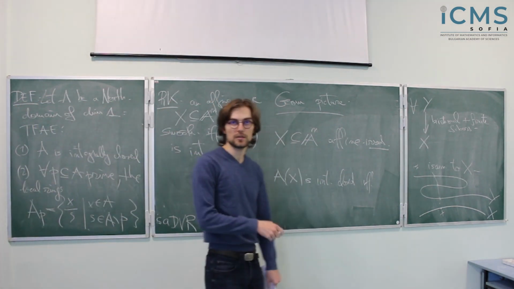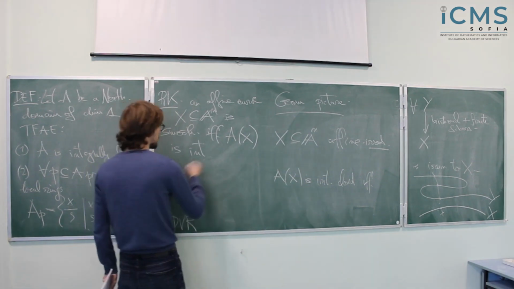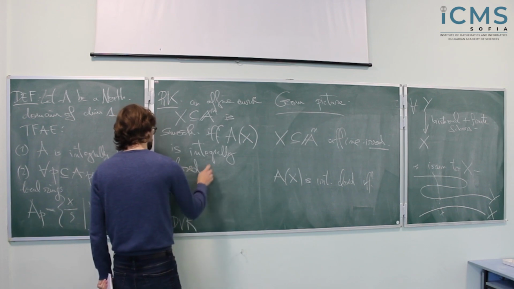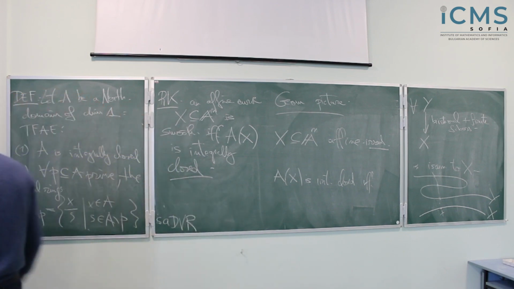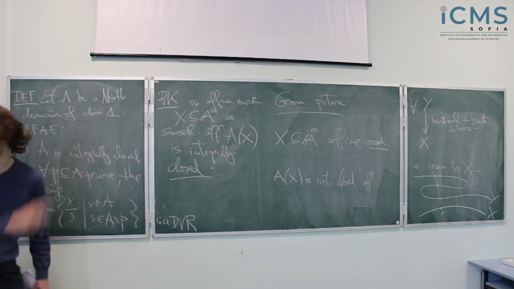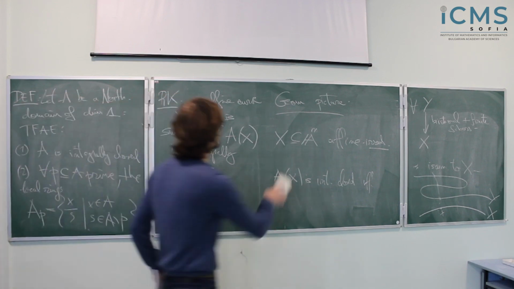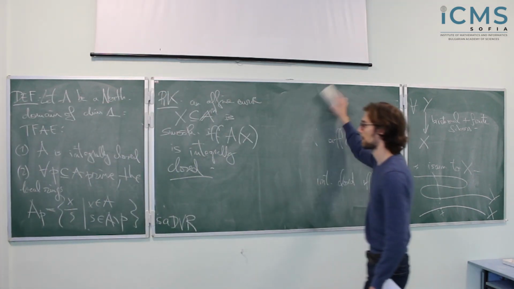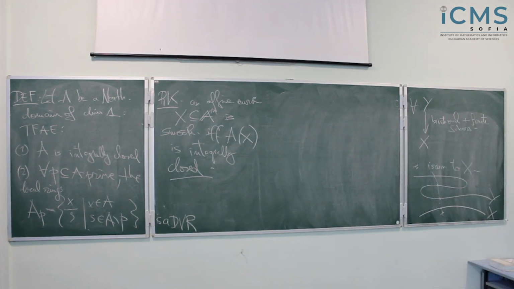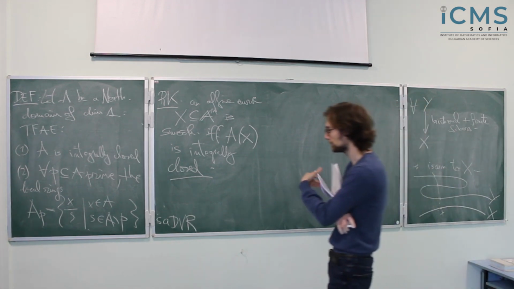We just know that the curve is smooth to begin with. So we have a global equivalence for smoothness in the case of curves, which is this integrally closed condition.